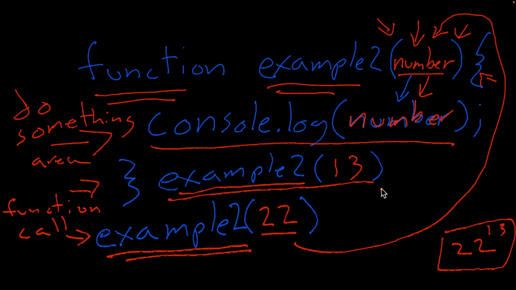Good question. But what I'm asking now is how well do we think we understand this: writing the keyword function, the function name, the placeholder, the start in the beginning, the do something section and the function call. Okay, I'll start the poll now.